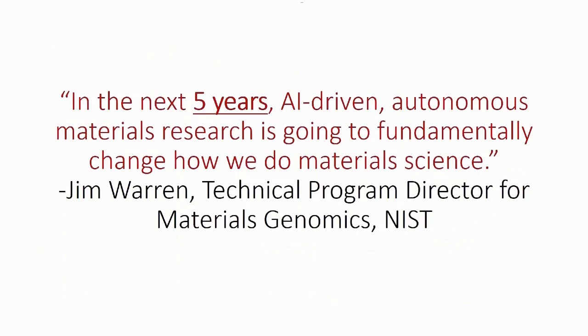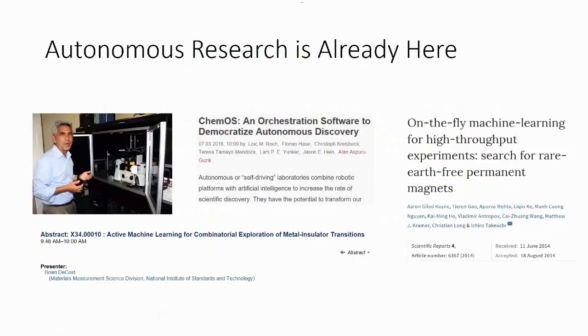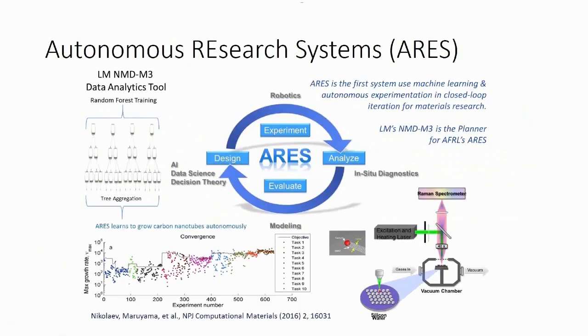It's not just this report. People are starting to catch on to this. This is from Jim Warren, who's a TPD for materials genomics at NIST. And he says that in the next 5 years, AI-driven autonomous materials research is going to fundamentally change how we do materials science. So for instance, in the case of Benji, he's growing carbon nanotubes using a Robbins system.